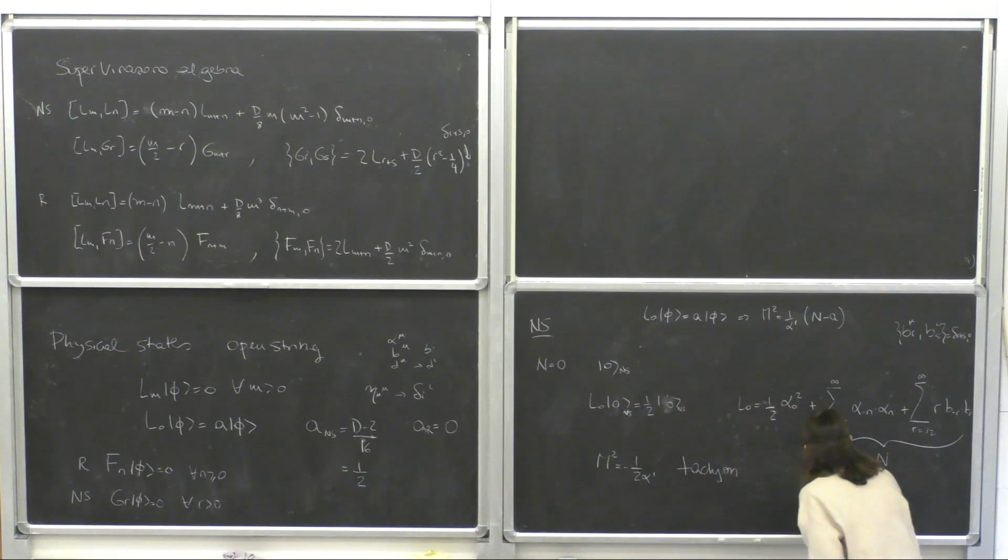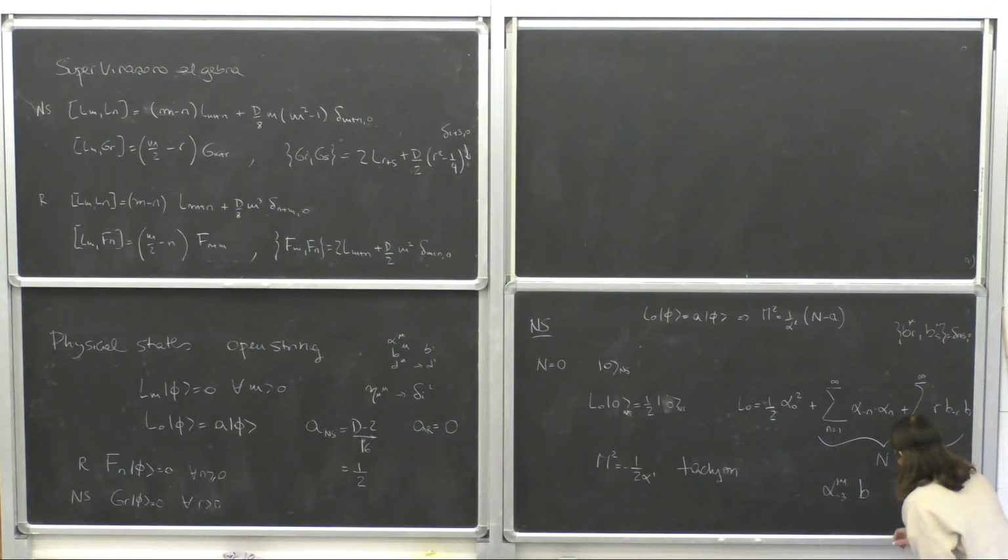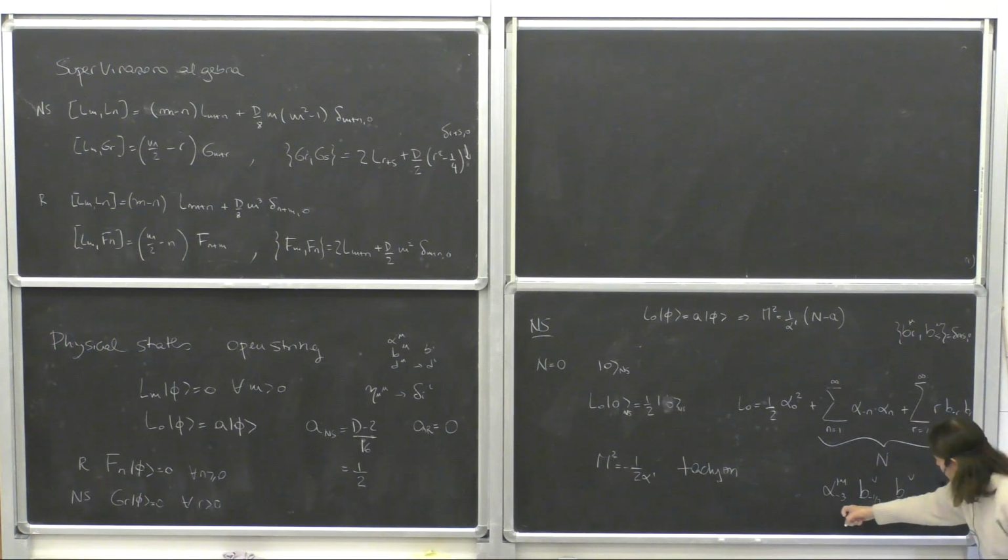So if I have alpha mu minus 3, B minus 1/2 nu, B minus 5/2 nu, suppose you are in the NS sector, this will count the sum of this. So this will give me 3, 3, 6.